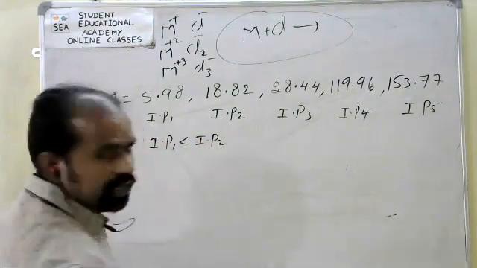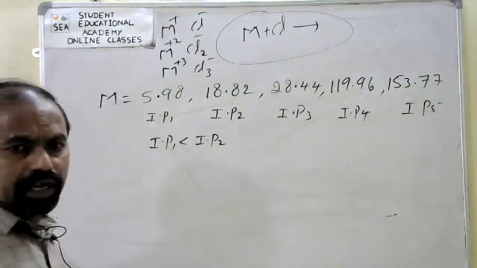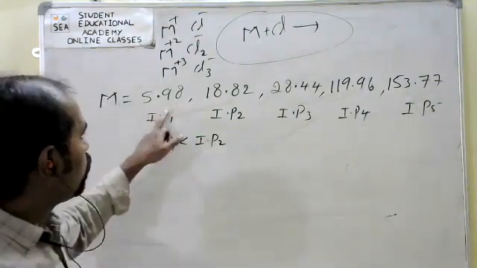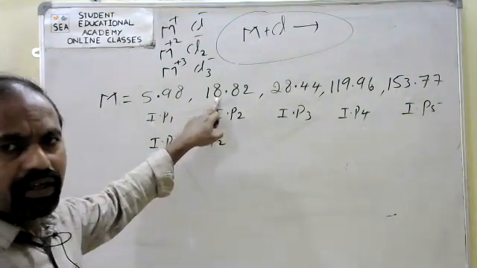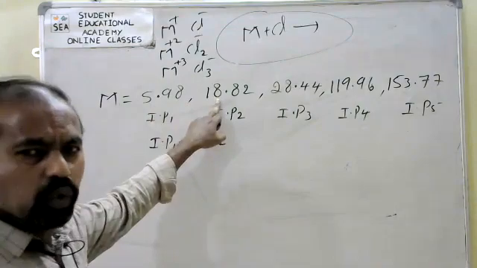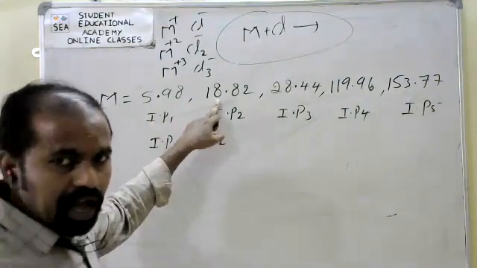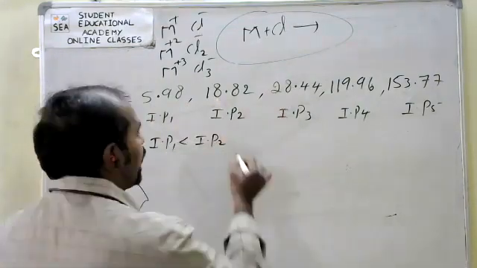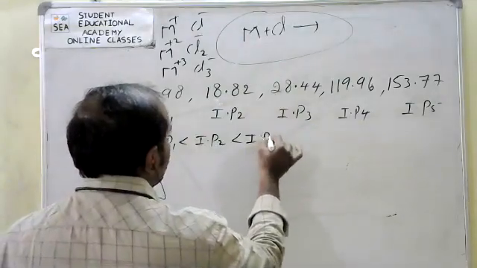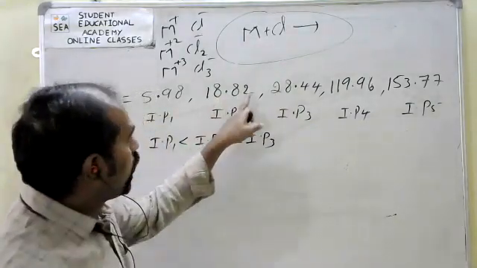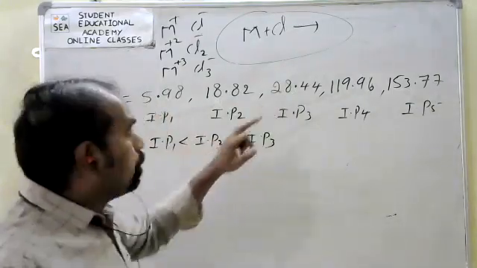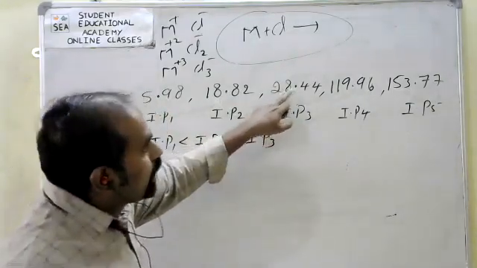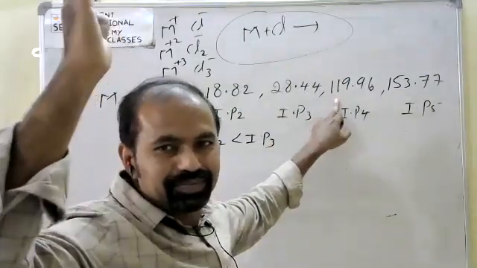If you observe the difference here, generally it is small from IP1 to IP2, somewhat small only, approximately 12 difference. After that it is also the same, 12 only. IP3, 18.8 to 28, a 10 difference is there. But here see, 28 to 119.